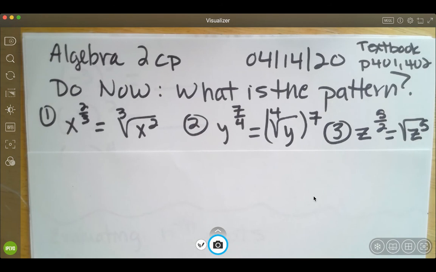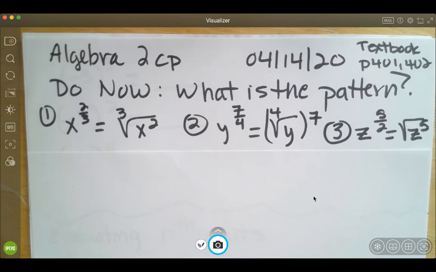So the lesson for today is looking right now for a pattern. So take a moment and see if you can see the pattern. These are fractional or rational exponents. We're going to be working with them. They work with roots.